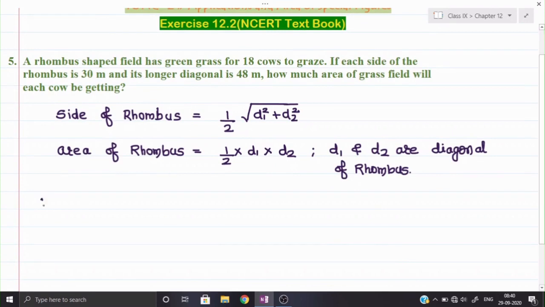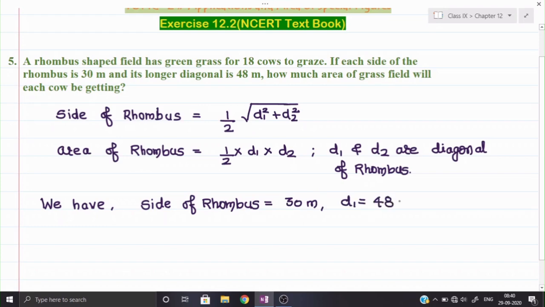So here first of all let us see what we have given to us. So we have given that side of rhombus is equal to, given to us 30 meter. And a longer diagonal means one diagonal is given to us 48 meters. So we can suppose d1 is equal to 48 meter.